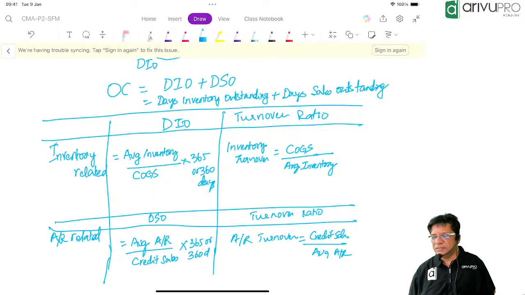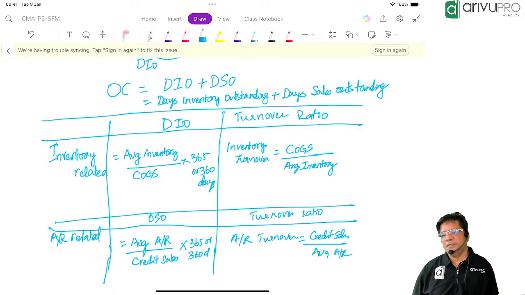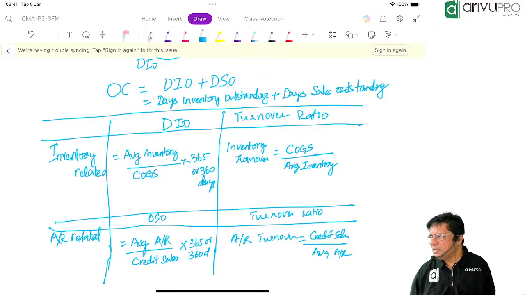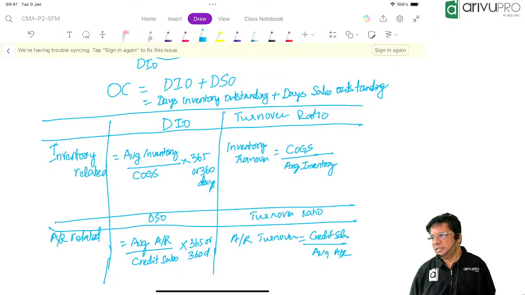As far as AR, same thing, but AR is related to credit sales. I just now said you sell to customers on credit. Sales is of 2 types: one is cash, one is credit. When we talk about total sales, it comprises cash sales and credit sales. Supermarkets, e-commerce, B2C, business to customer, is cash sales.